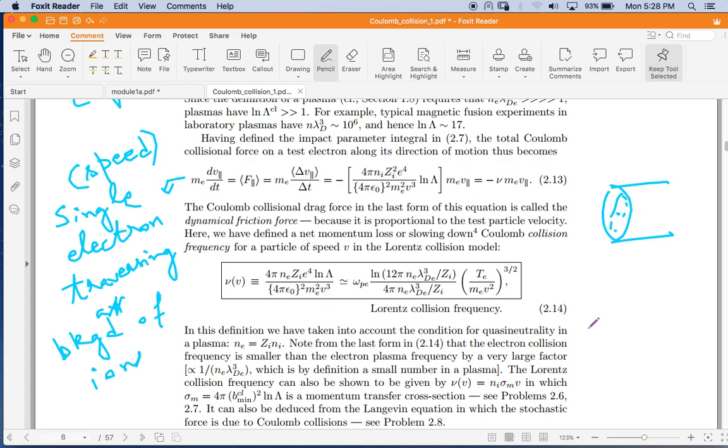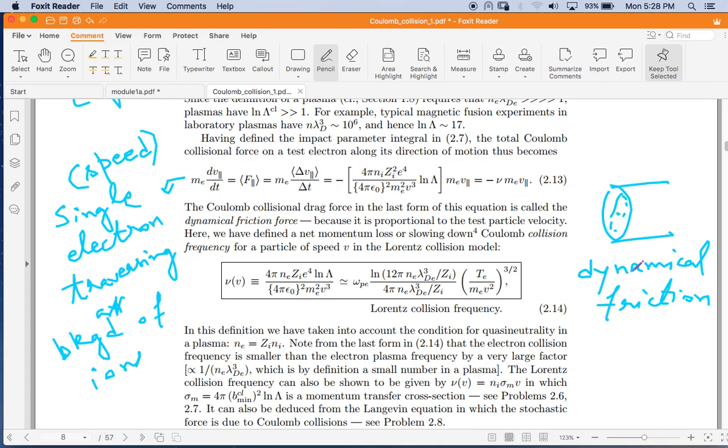And this goes by the name of dynamical friction in stellar dynamics, where you've got one star passing through a background of many other stars.